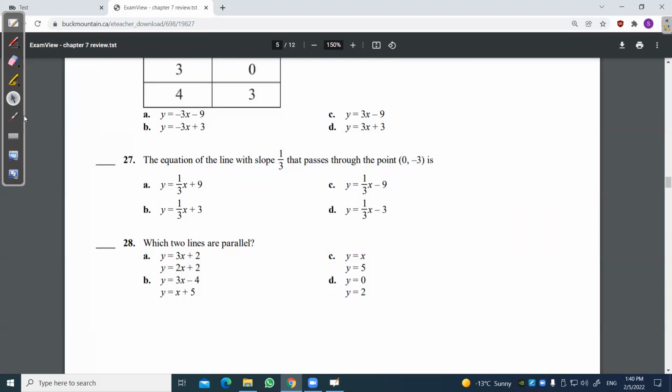So what's the condition for parallel lines? The slope has to be the same, and then different y-intercepts. Right. So for A, they have different slopes, so they're not parallel. Same thing with B, different slopes. What about C and D? Which one of those are parallel?